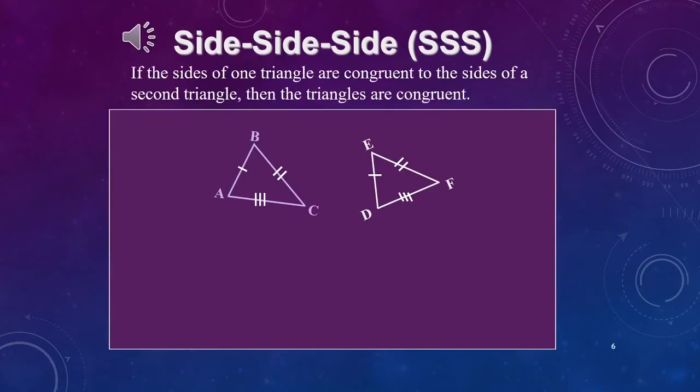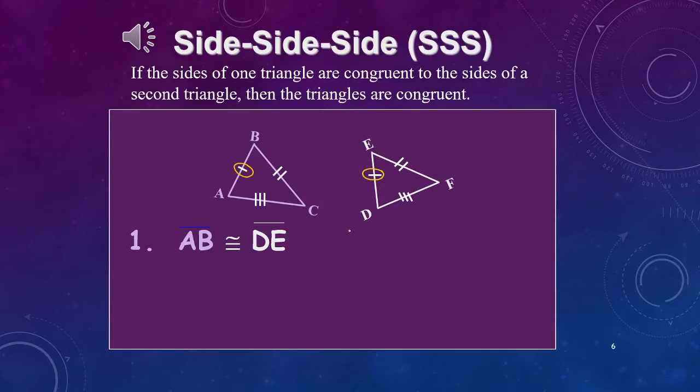Take note: if the sides of one triangle, all the sides, are congruent, then, as you have noticed here, AB is congruent to DE. Segment AB is congruent to segment DE.